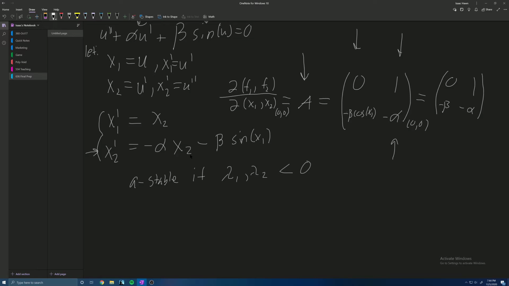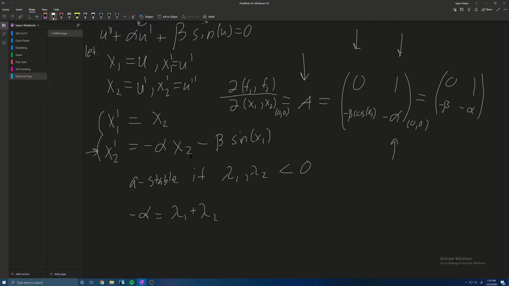That's a property of matrices that you would learn in a linear algebra class. The trace being the sum of the diagonal entries here, which is 0 minus alpha, so just minus alpha. That's the sum of those lambda values.